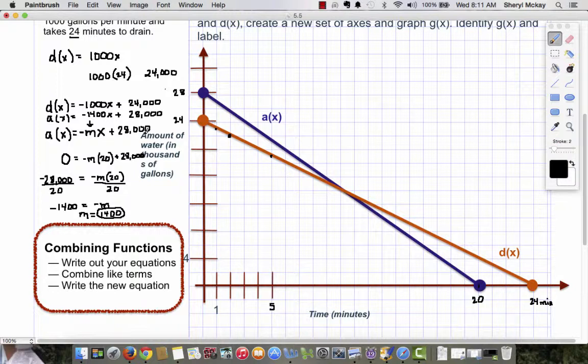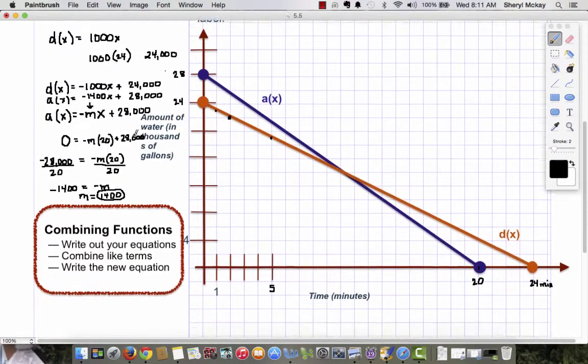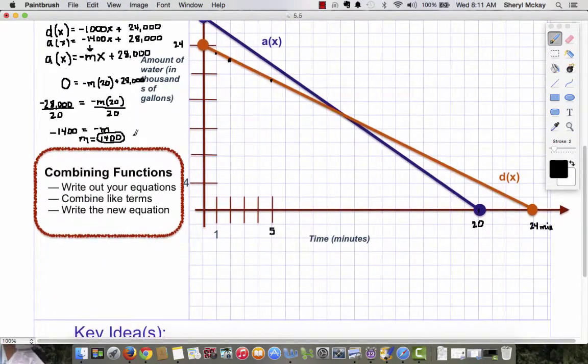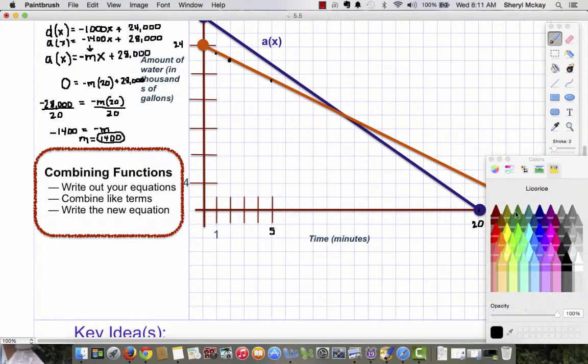So let's go ahead and now try to combine these two. I'm going to write my two equations down here at the bottom. I'm going to have d of x, and I'm going to put that in orange.